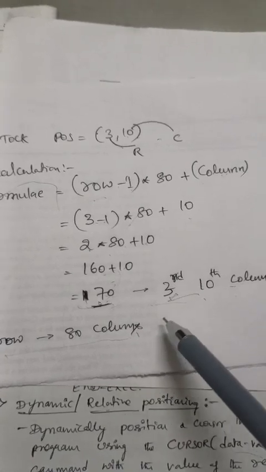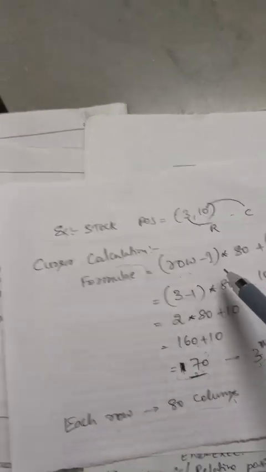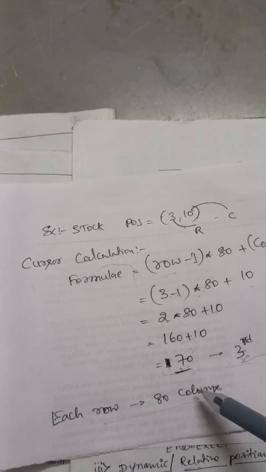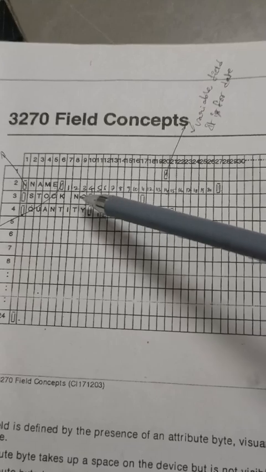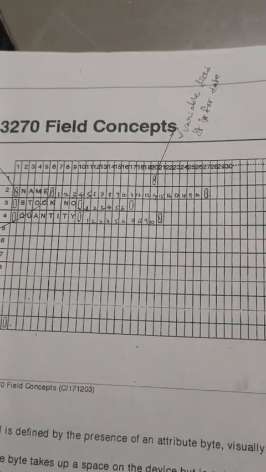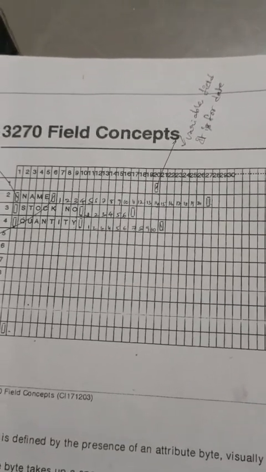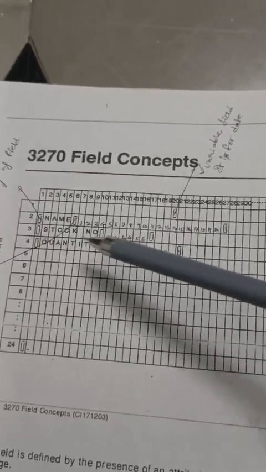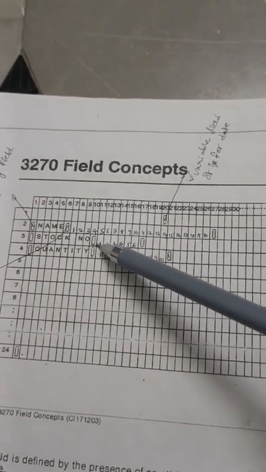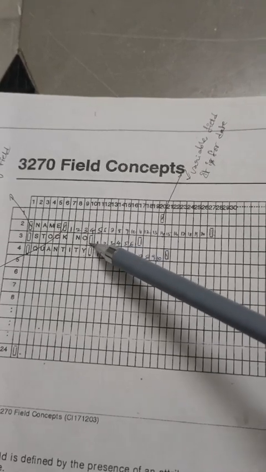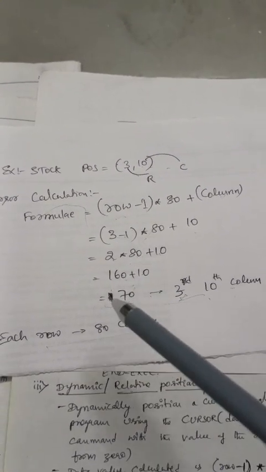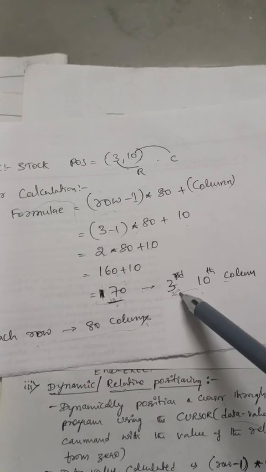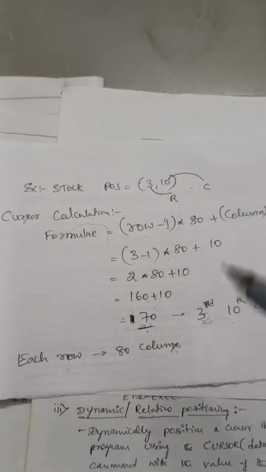So our row will come at 3,10, which is 170. Here we can see 160 and 170; this is the 170th character. The cursor will go to the 170 position, which is the third row, 10th column.